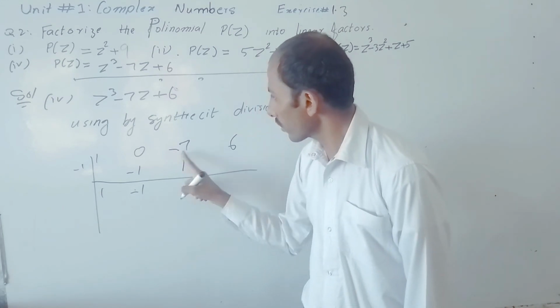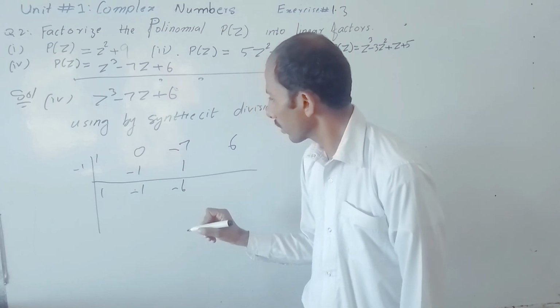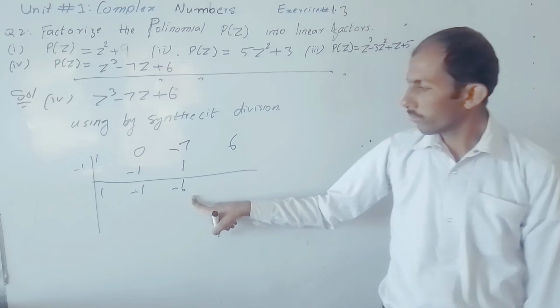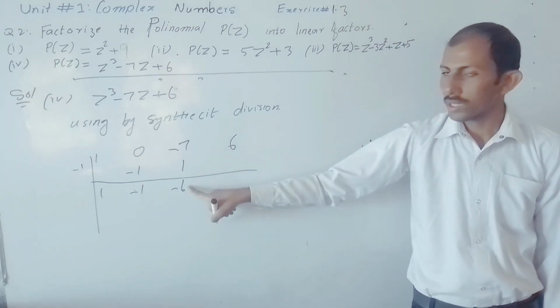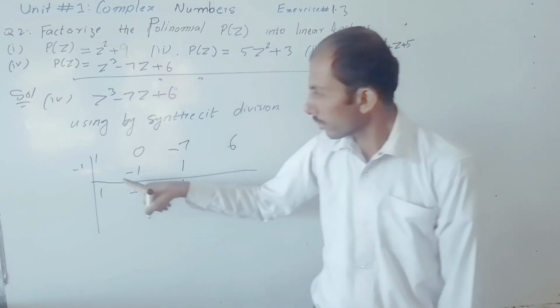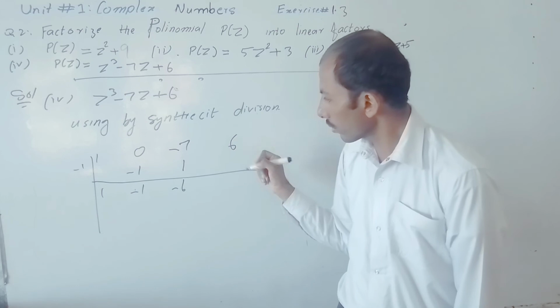So minus 7 plus 1, minus 6. Minus 6 plus 6 is equal to 12.